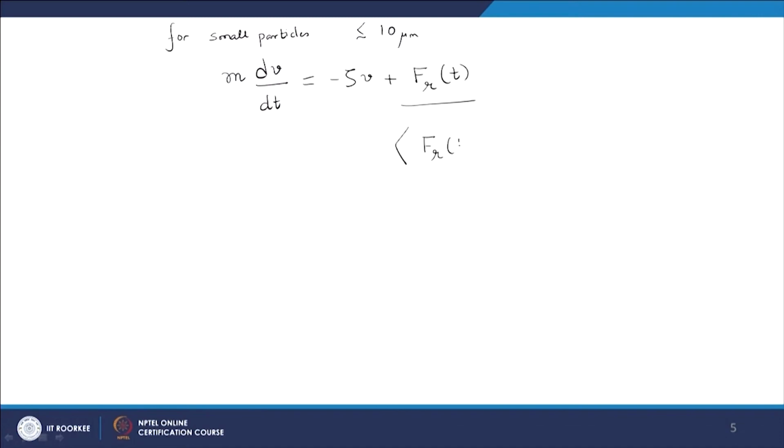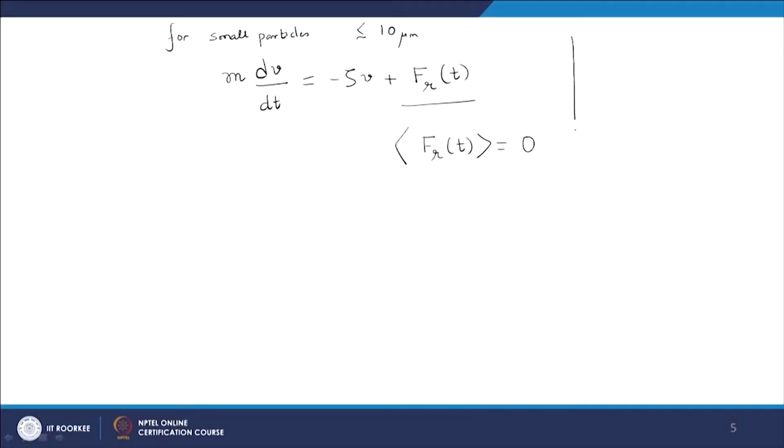Okay. So, one attribute we can think of having is this force must have a mean value of 0 if I take an average over time, or if I do an ensemble average over many particles in the system. Okay. That is one attribute.